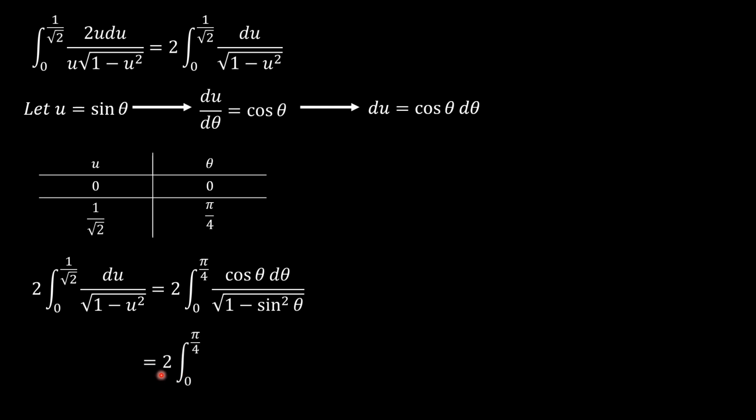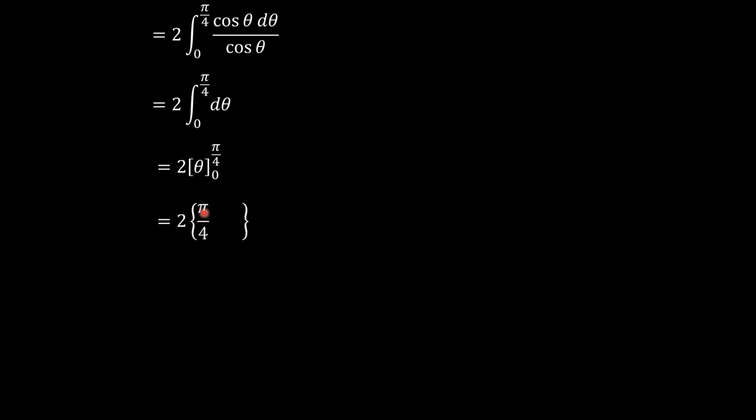So we have twice the integral from theta equals 0 to theta equals pi over 4 of cosine theta over cosine theta. The cosine thetas cancel, and so we have twice the integral of 1 from theta equals 0 to theta equals pi over 4, and that means we have twice times theta with the limits applied, so twice times pi over 4, and that is pi over 2.